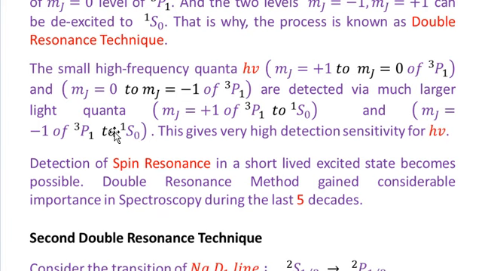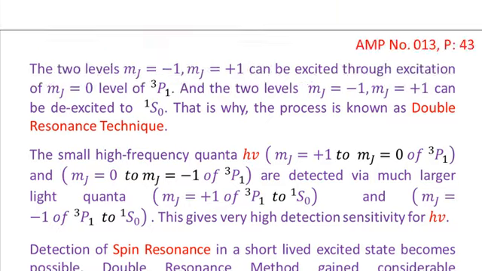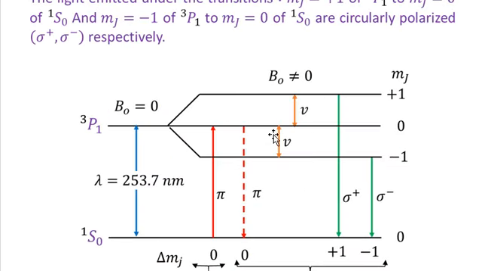So the larger quanta can be used in order to determine the separation between the Zeeman levels. This gives a very high detection sensitivity of h nu. So you see that the h nu, that is the energy difference between these Zeeman levels, which is very small, can be measured very precisely using a larger quanta represented in green and represented by the sigma plus and sigma minus light respectively.